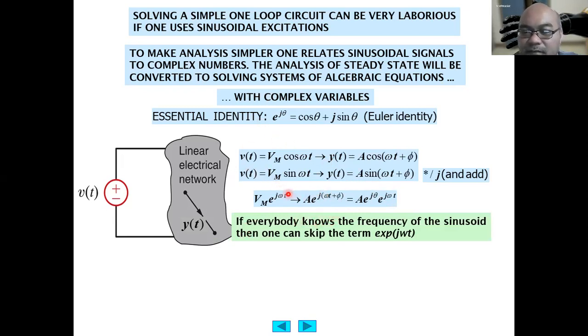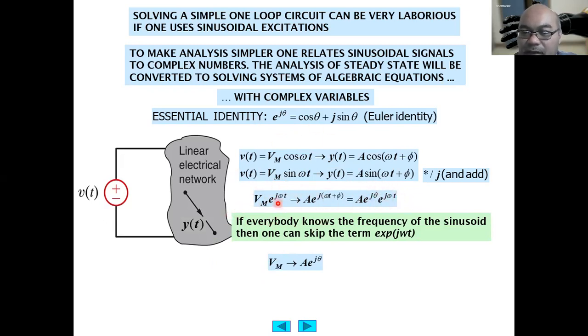Since the frequency is the same here, omega is the same, we can skip the term exponent j omega t. What matters now is the new amplitude A and the introduced phase lagging or phase leading theta. So we eliminate exponent j omega t from all these terms.